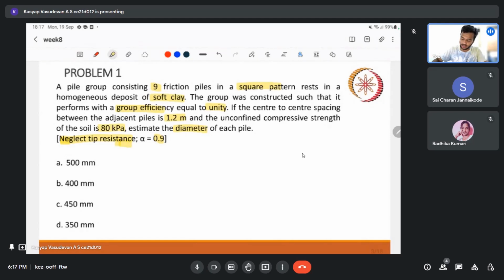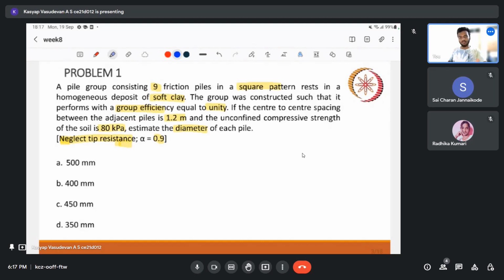Before we begin, let us see what things we need to understand. It's the same as what we had done before, but the only question is which is higher, the group capacity or the individual capacity times the number of piles.